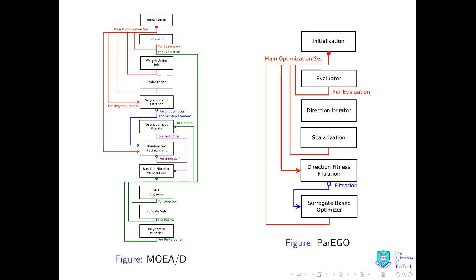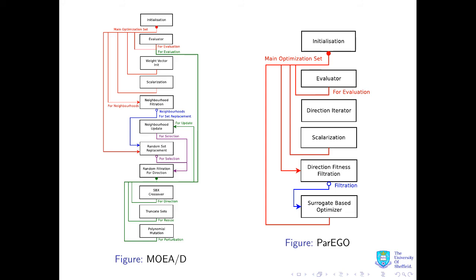And then MOEA/D has a quite complex neighborhood criterion. Basically, here we are creating different sets, putting them into different neighborhoods, and depending on different criteria, the solutions are allowed into the neighborhoods or not. You can also see at the end that there is some crossover and some polynomial mutation.